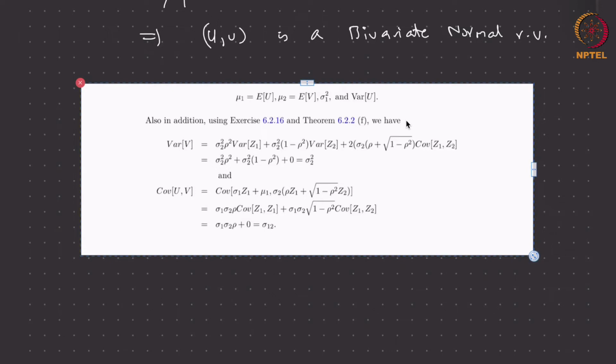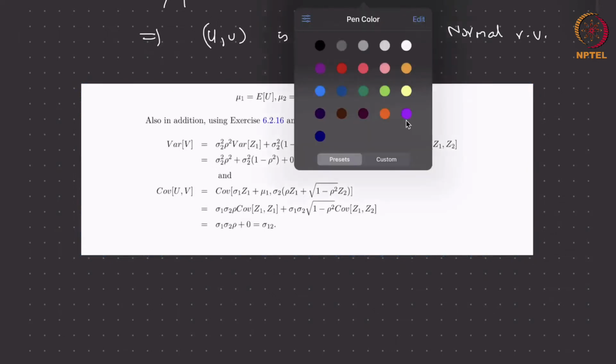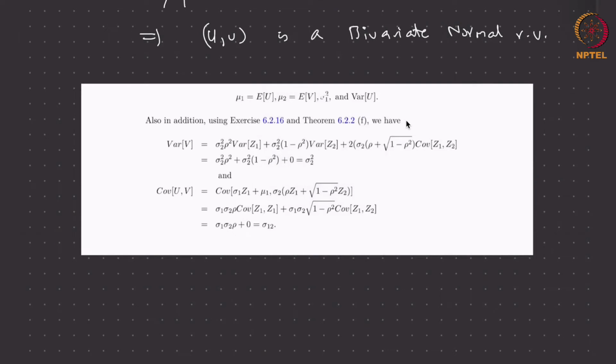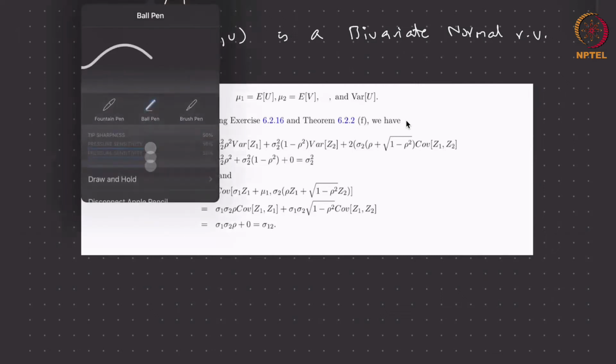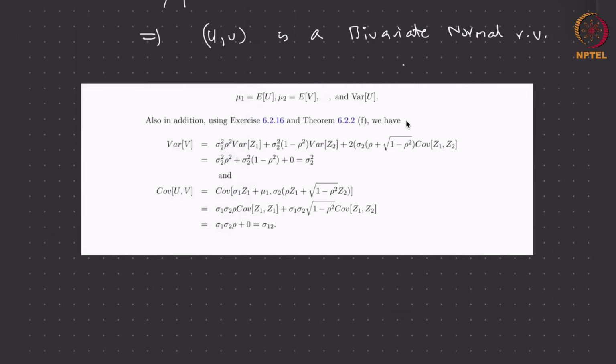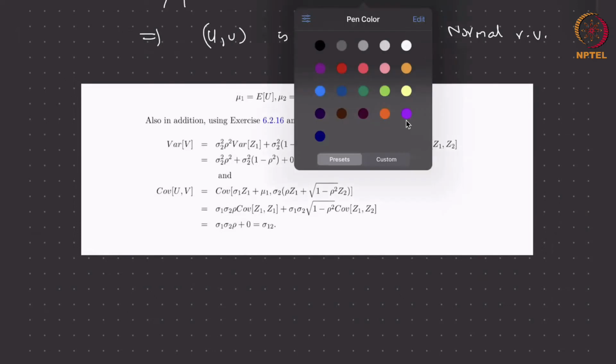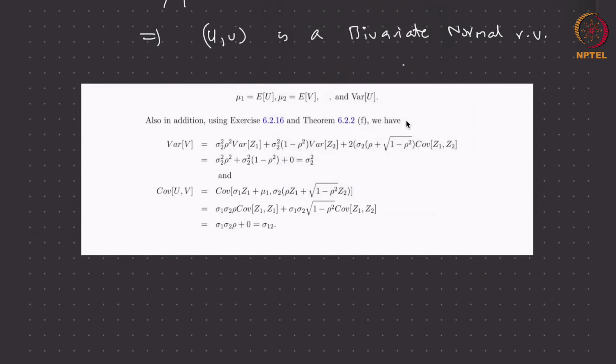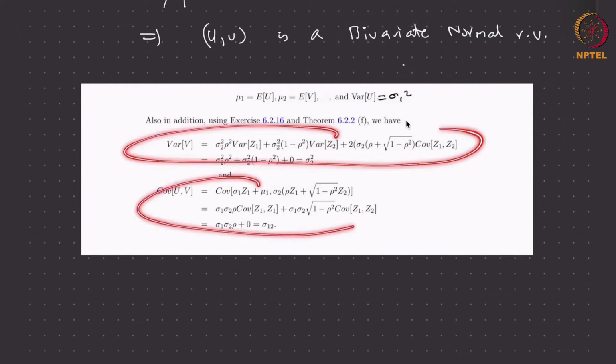Let me just copy it and make it correct. So the mean of v is mu2, the mean of u is mu1, and the variance of u is sigma 1 square. And for the variance of v, you have to do a little bit further computation to get these two numbers here: the variance of v, and the covariance of u and v is this.